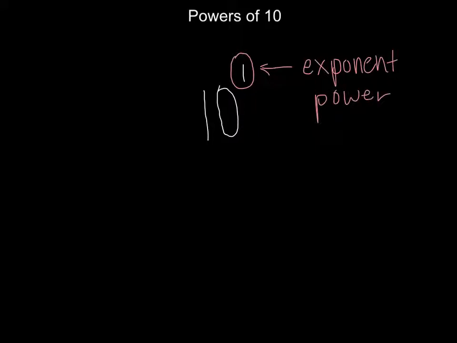In this lesson, we're going to talk about the powers of 10. I want you to start by writing down this number. This small number, the 1, is called an exponent, or it's also referred to as a power. 10 is called my base.